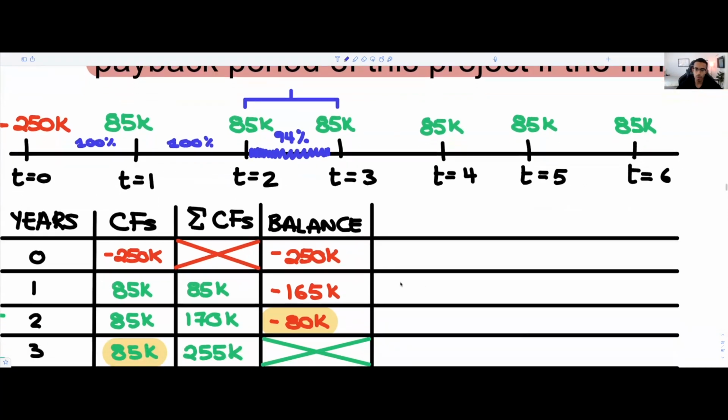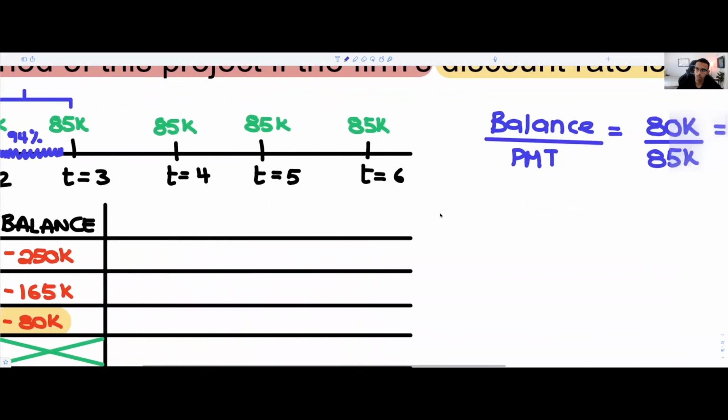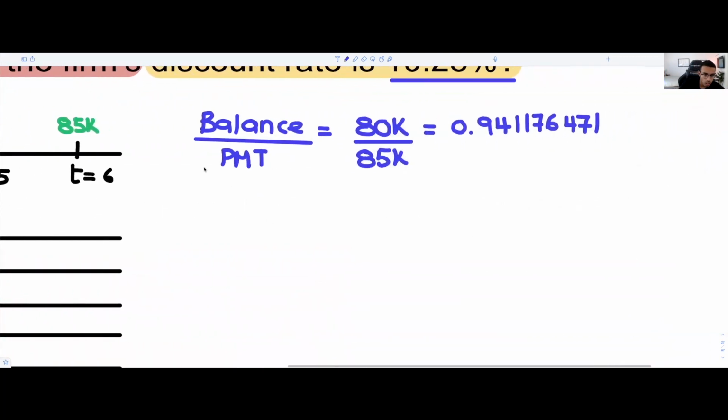Such that your payback period will be equal. Simple. I'm going to make it a little bit cuter just for my own well-being. Okay, just like that.